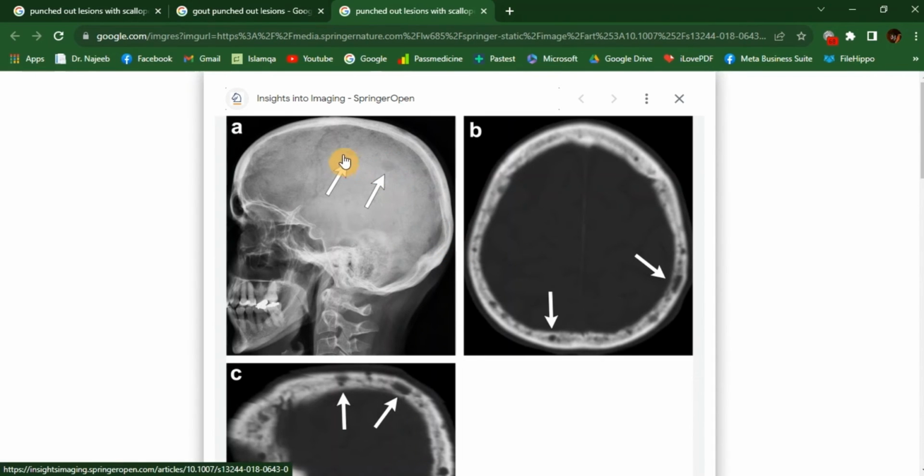So these are the punched out lesion, and the scalloped edge or the bevel shaped edge. Something extended, not linear.